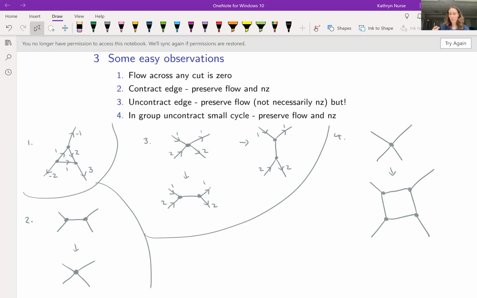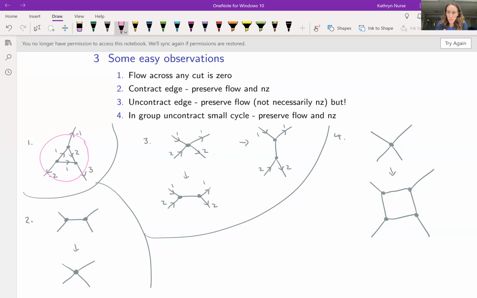Okay. Now I'm just going to go over some easy observations that we need, and then we'll do the proof. The first observation is that the net flow across any cut is 0. I just drew an example down here. This is the edge cut, and the flow across this edge cut is 0. You can see this pretty easily: the flow across the edge cut is just the sum of the boundaries of the vertices on one side of that cut.